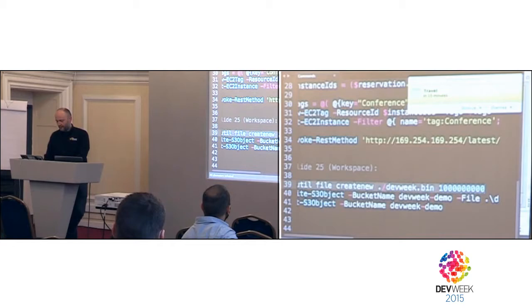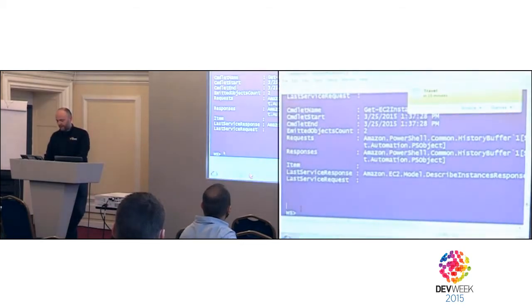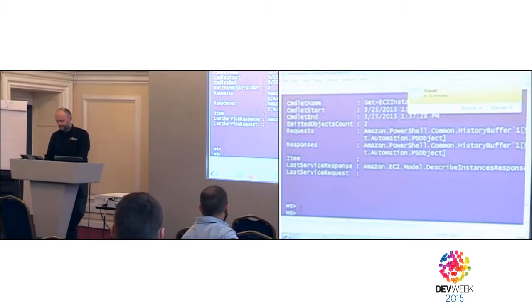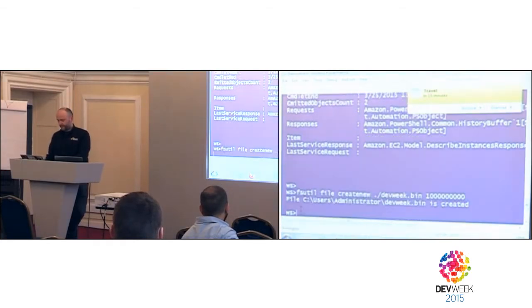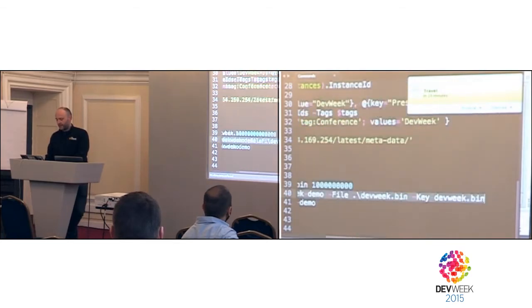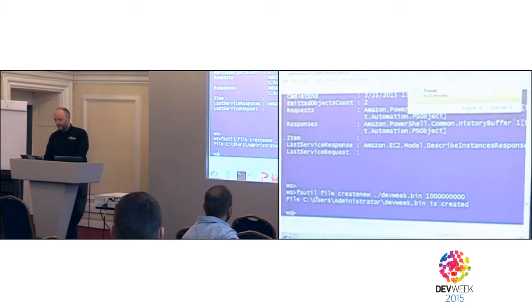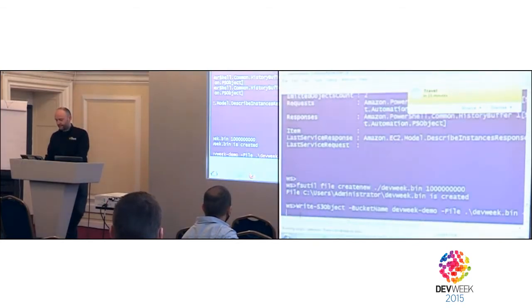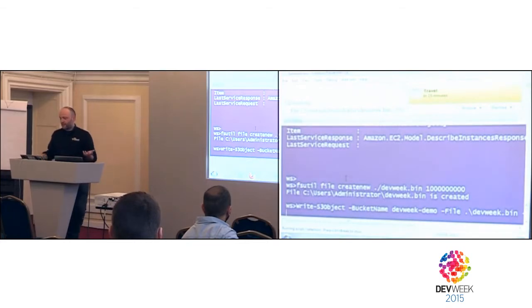So I'm just going to randomly create a 1 gigabyte file. So that's just creating a 1 gigabyte file on my local drive, just as something to upload. The next thing I'm going to do is to upload that file to S3. I'll start that up and I'll just explain. So this is uploading the 1 gigabyte file.